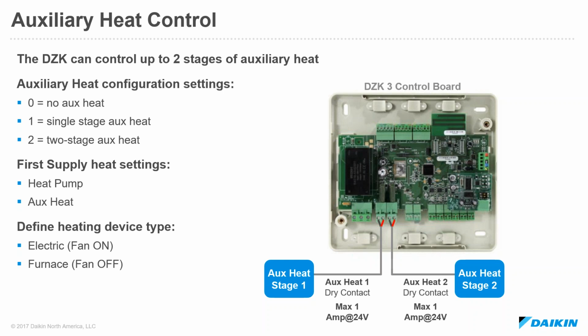It is important to recognize that this auxiliary heat is essentially a system level auxiliary heat. So we have these two different contacts. What that means is we don't have these two different contacts for each individual zone. It's a system level auxiliary heat demand. So just be aware that is somewhat of a limitation with the DZK plenum design.